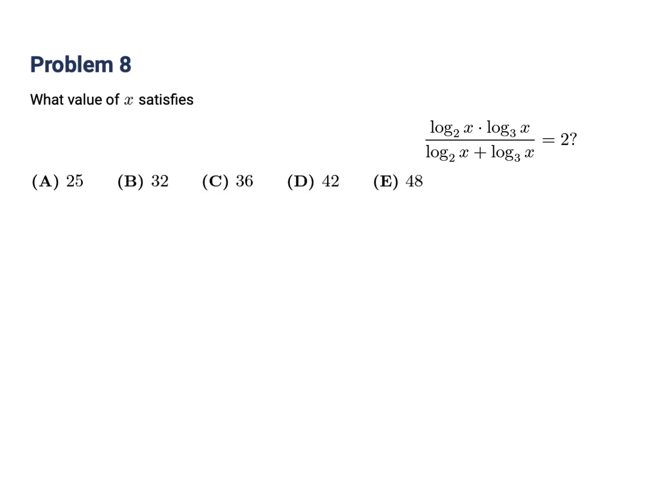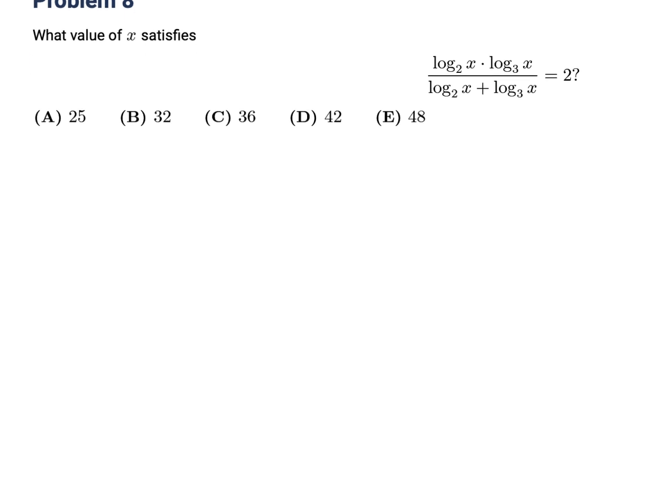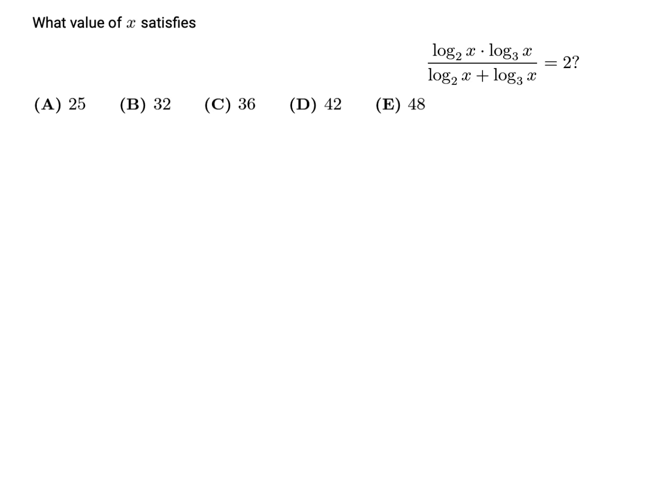What value of x satisfies the log of x to the base 2 times the log of x to the base 3, all over log of x to the base 2 plus log of x to the base 3, is equal to 2? So let's flip this first. So log of x to the base 2 plus log of x to the base 3, over the log of x to the base 2 times the log of x to the base 3, is equal to 1/2.